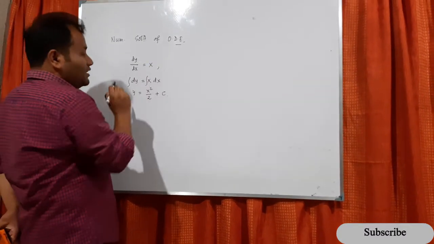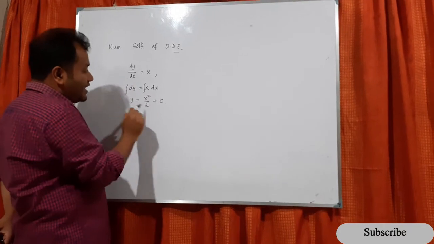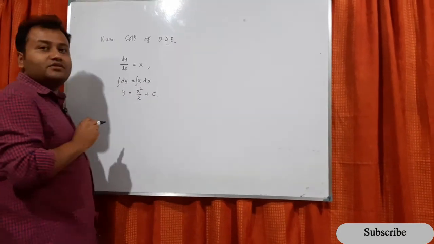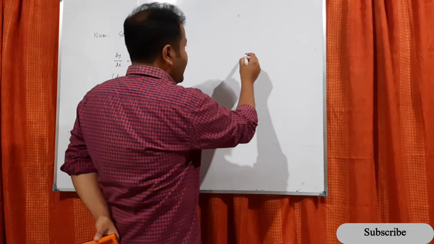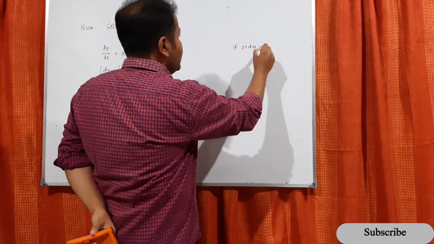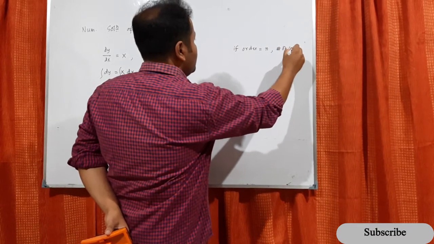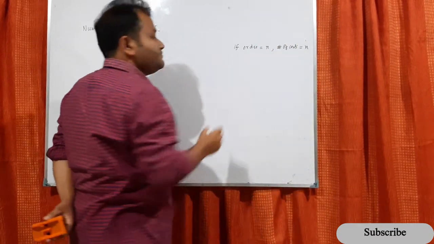Now there is one very important thing: the order is 1, so we get one constant. So the key fact is that if the order is n, the number of constants will be n.